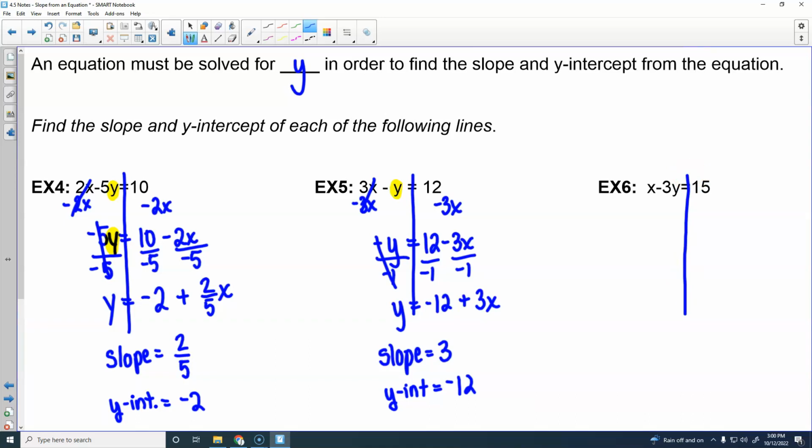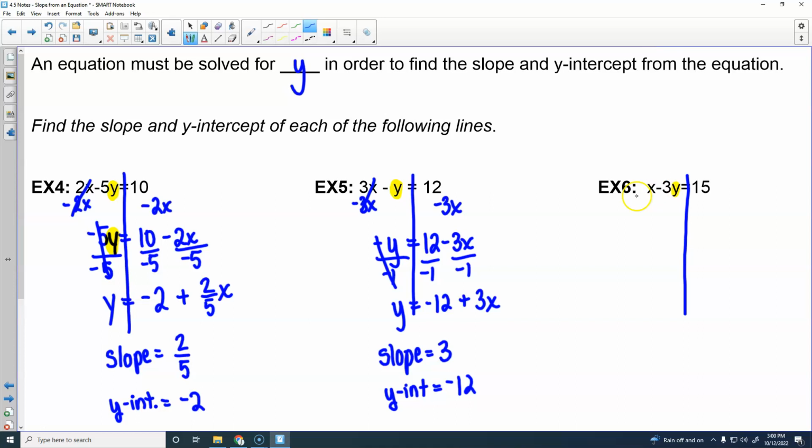All right. Next one. Okay, we got to get that y by itself. Kama, what would I do to try to get that y by itself first? Subtract what? We can't move the y.